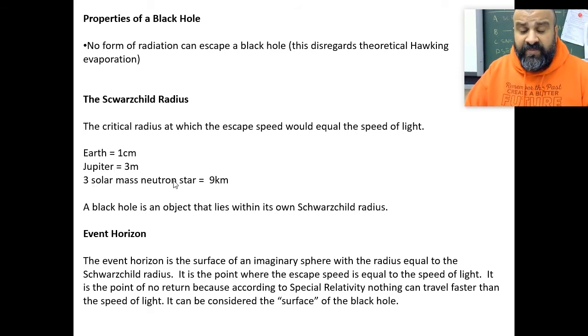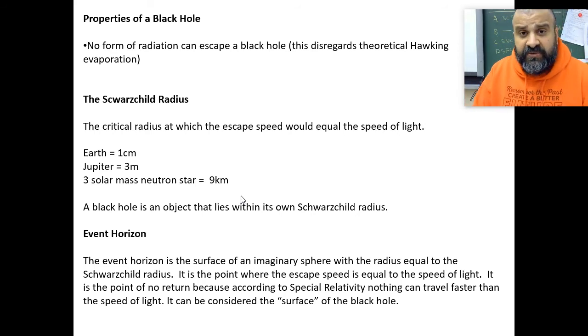A 3 solar mass neutron star, the minimum threshold to become a black hole, will be 9 kilometers across. And the black hole is the object that's inside its own Schwarzschild radius. It's collapsing infinitely, but it's inside that radius.